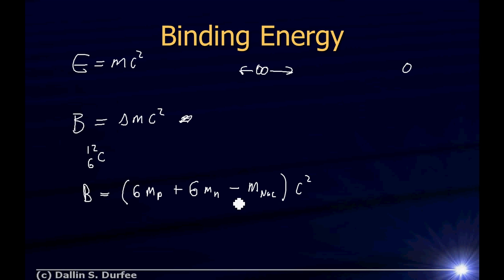Now, of course, you have to be careful, because if you look up a table of atomic masses, it's probably not going to give you the mass of the nucleus. It's going to give you the mass of the atom. And this atom, along with these 6 protons, has 6 electrons, and those electrons have binding energy as well. But it turns out the binding energy of electrons is really small compared to the binding energy that holds the nucleus together.